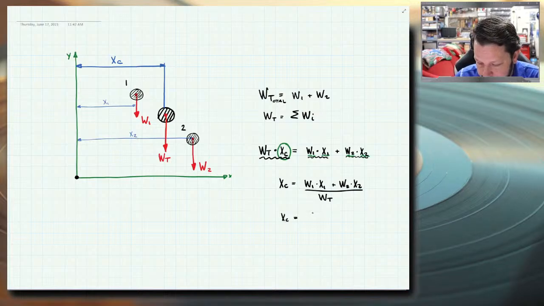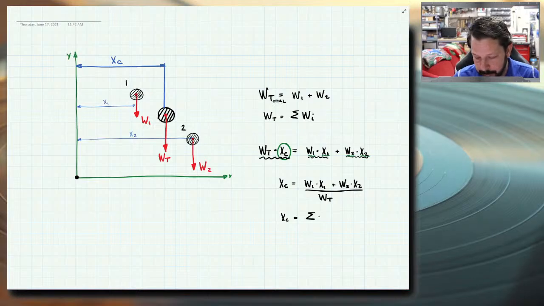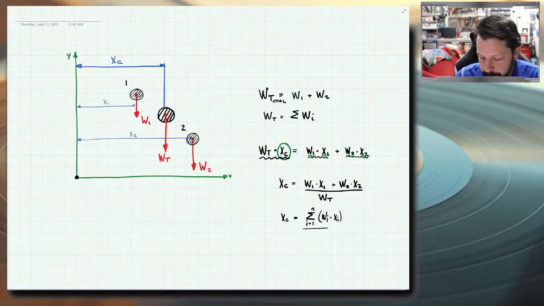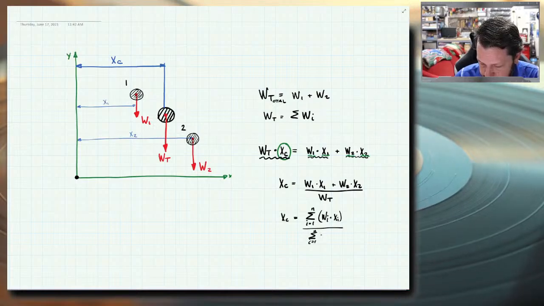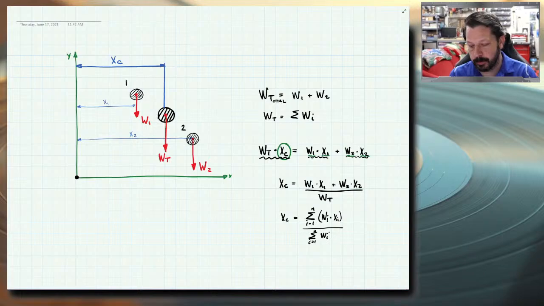So I could sum, no matter how many there are, from i equals 1 to n, all of the individual weights times their individual locations, and then divide by this total weight, which would just be the summation. I could write that as the summation of i equals 1 to n of all of the individual weights. So I could generalize this equation.